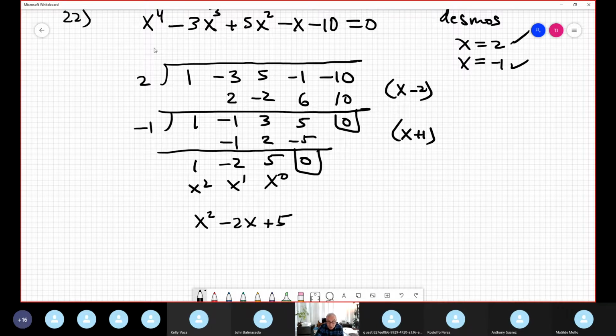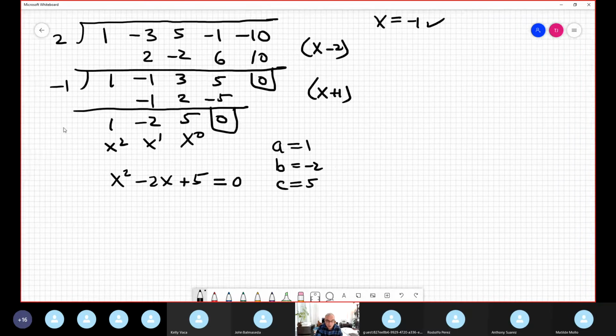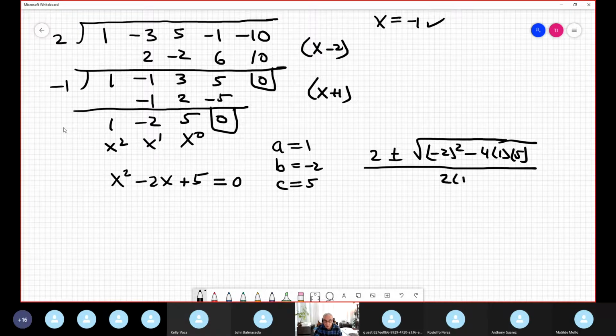If you want verification of this, it's easy. You put equal to 0. Of course, the factorization is impossible in the real field, but you apply the quadratic formula, no? A is 1, B is -2, and C is 5. I'm plugging it into the quadratic formula, and let's see the zeros, which I expect are complex. So 2 plus or minus the square root of (-2) squared minus 4 times 1 times 5, divided by 2 times 1.